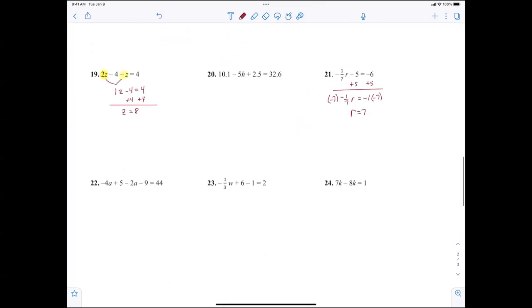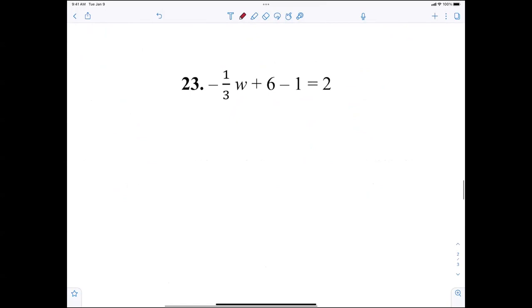All right, Sophia. So you do -6. You can actually do that if you want, but I prefer that you do this. What's 6 minus 1? 5. Yeah, so you have to combine terms when you can. Plus 5. Right.